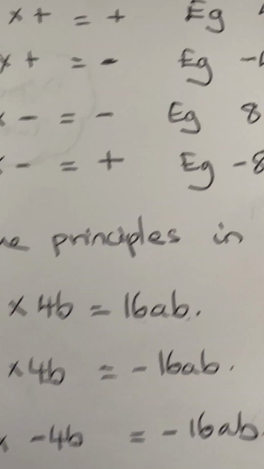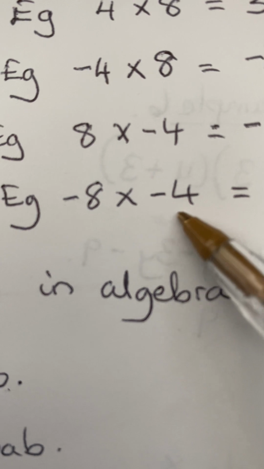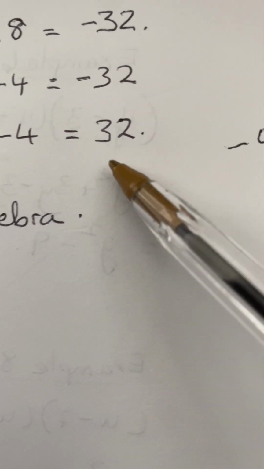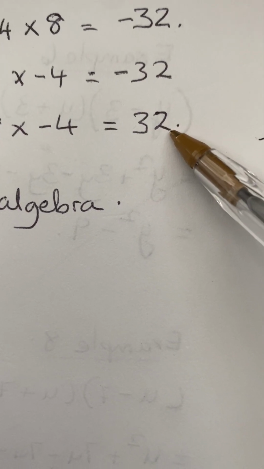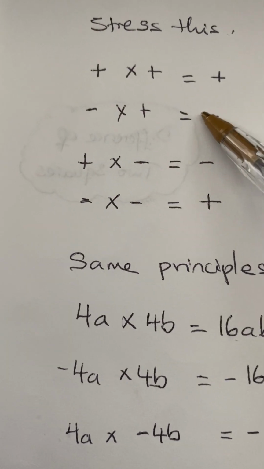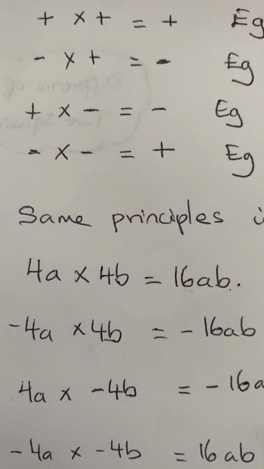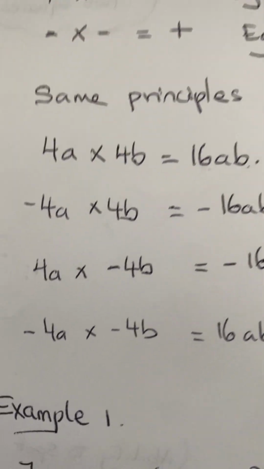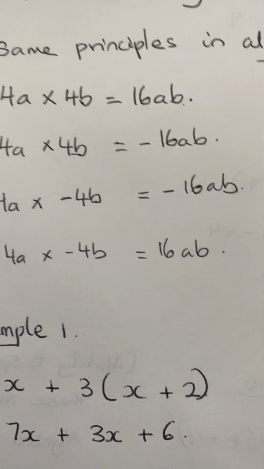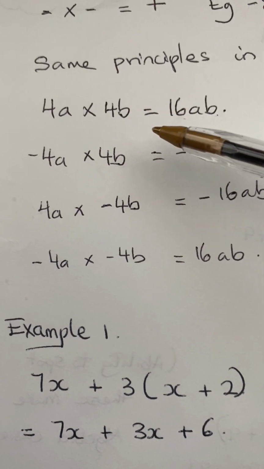If you have minus 8 multiplied by minus 4, you will get a positive answer. So keep this in mind whilst we continue with what we've learned so far. I'm going to stress what I've just said with these examples.